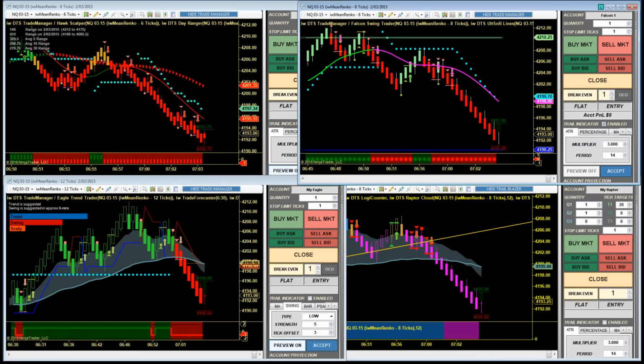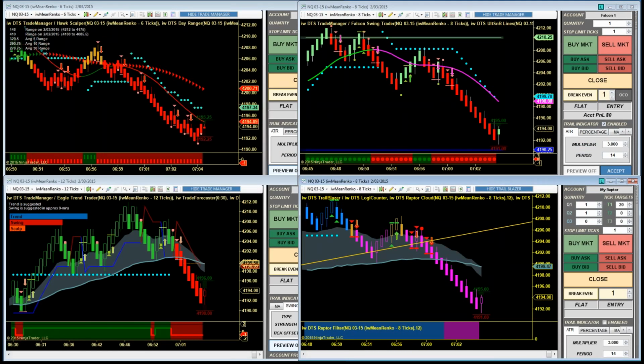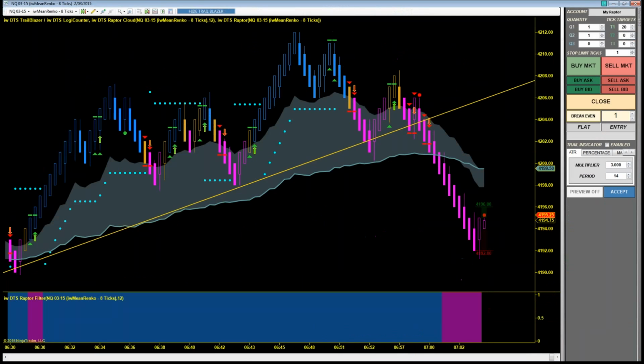And they've fallen all the way back here to the primary support, or primary resistance, I should say. And here we had a, no, not really, did we? We didn't get that yellow-red combination.